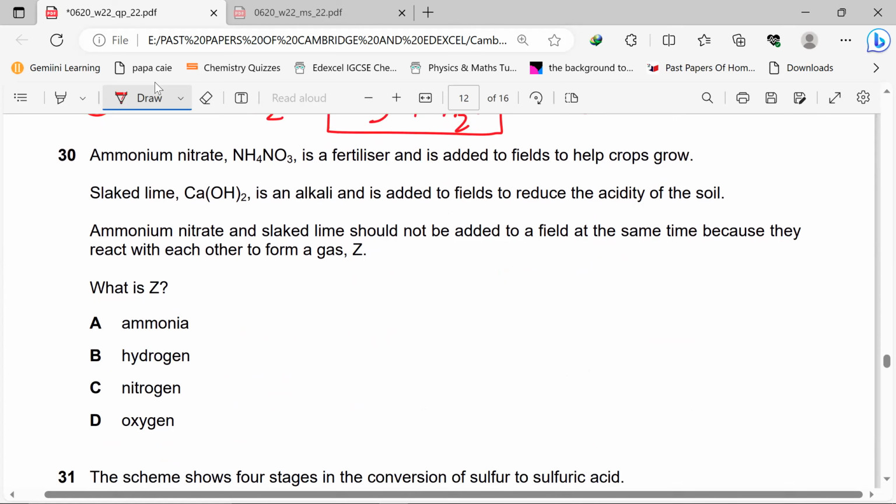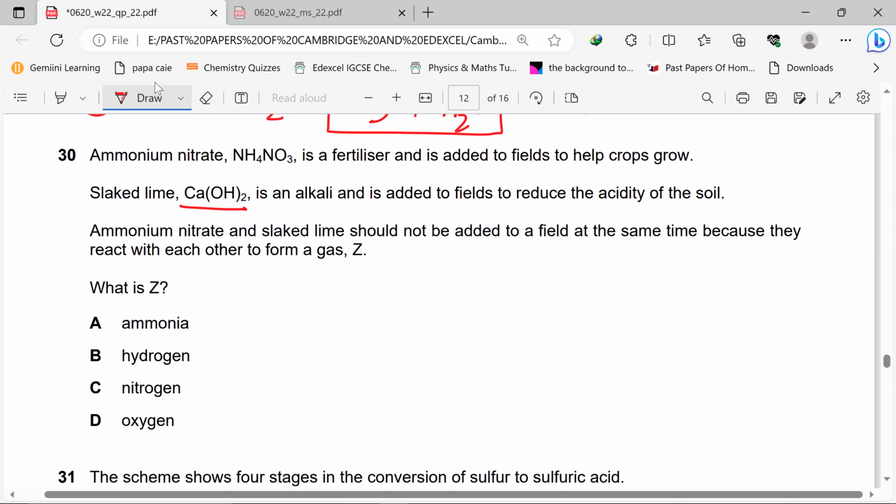Number 30, ammonium nitrate is a fertilizer and is added to fields to help crops grow. Slaked lime, which is calcium hydroxide, also called lime water, is an alkali and is added to fields to reduce the acidity of the soil. Ammonium nitrate and slaked lime should not be added to the field at the same time because they react with each other to form a gas Z. What is Z?